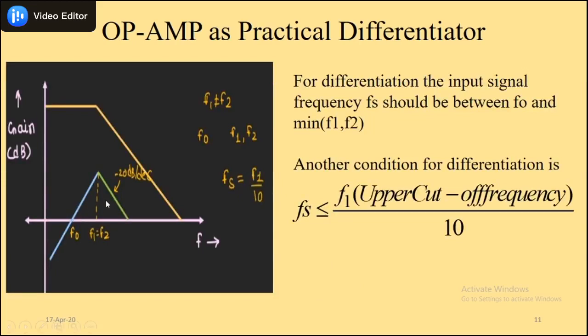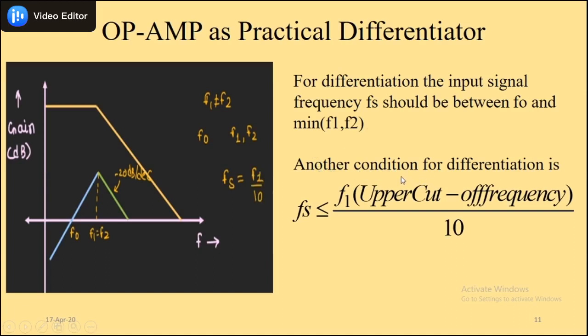When you make F1 equal to F2, the flat portion goes away, and what is left is this triangular shape. This triangular shape represents the frequency response of your practical differentiator. So this is the condition.